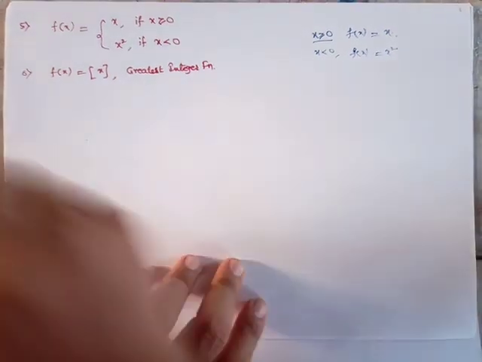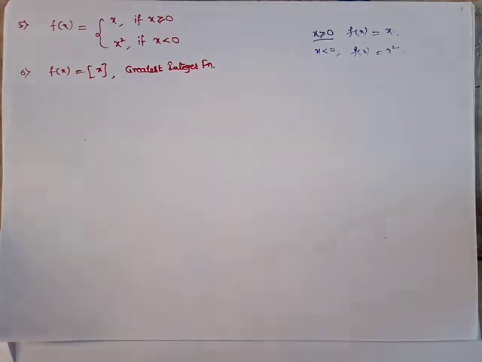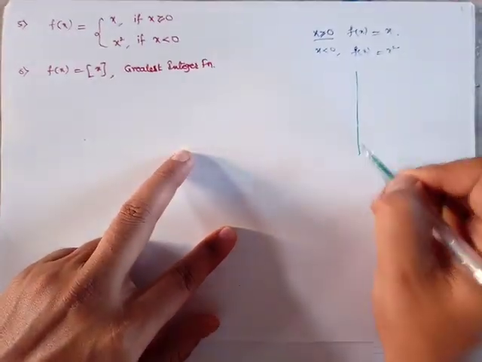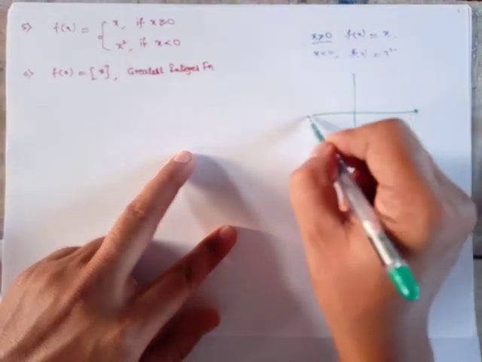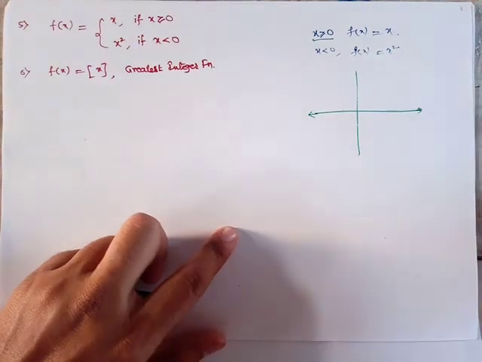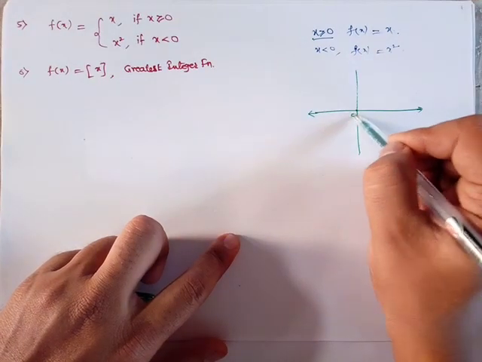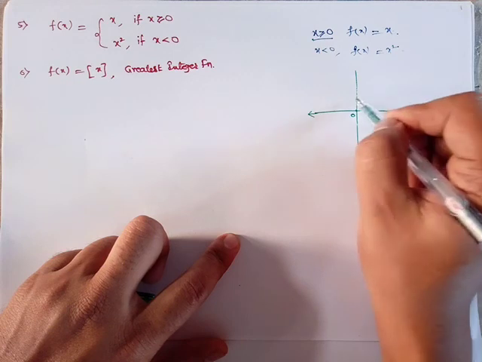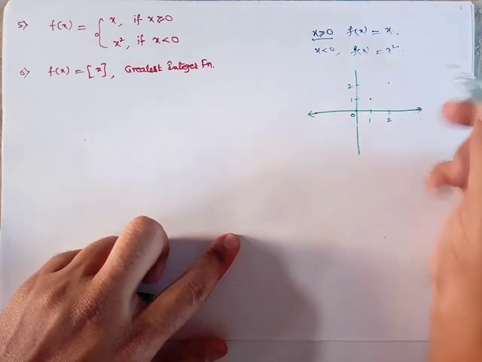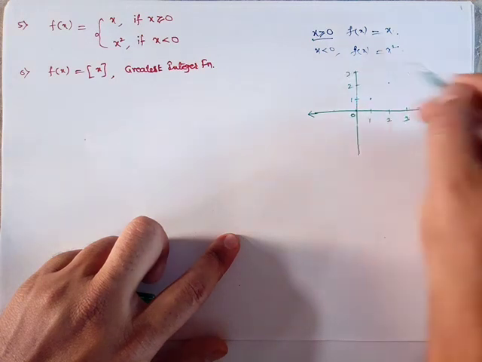Now we'll understand from the graphs here. Taking up the graph, for x greater than or equals to 0, f of x is x only, so at 0 it will take the value 0, at x equals 1 it will take 1, at 2 it will take 2, at 3 it will take 3.